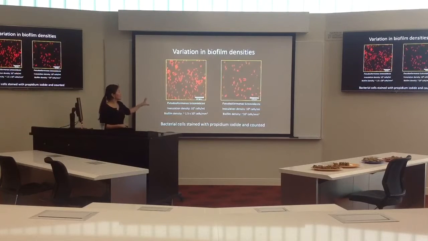On the left-hand side, this bacterium was inoculated at a density of 10 to the 7th cells per mL. On the right-hand side, there's a 10-fold dilution, 10 to the 6th cells per mL. As you can see, this inoculation density is also reflected in the biofilm density, and the biofilm on the left-hand side is much denser than the one on the right. And so the question becomes, how does this influence larval settlement?